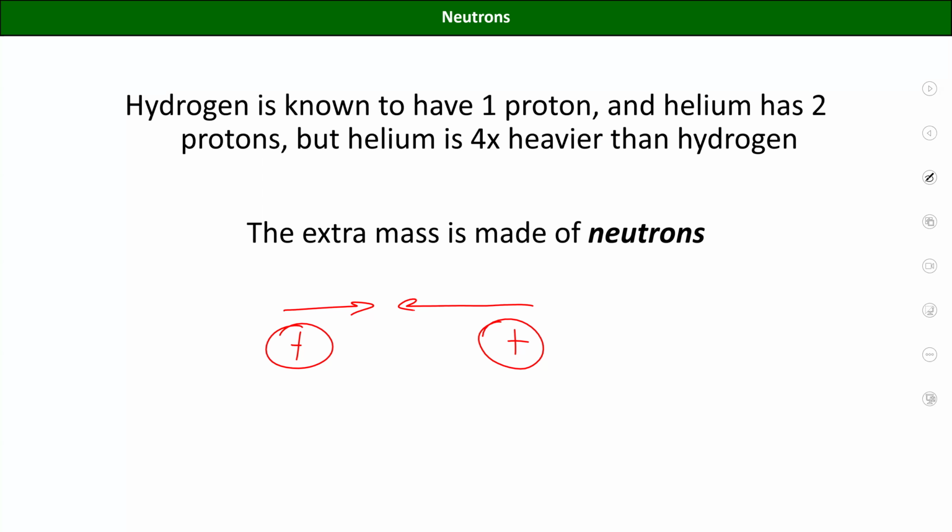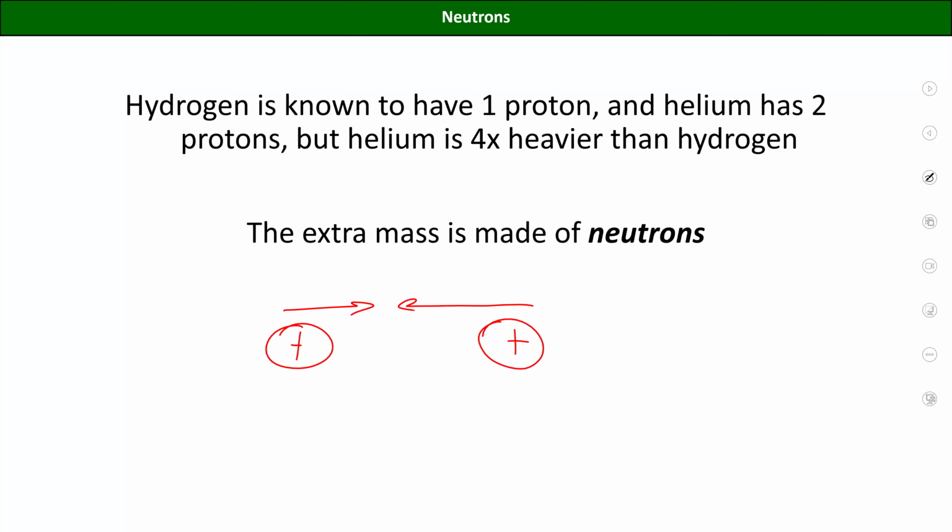But the other issue is that if you were able to do that, if you actually look at the naturally occurring helium on Earth, its mass number is actually 4 times greater than hydrogen, not just double. So they basically said, well, that extra mass seems to only happen in whole numbers as well.